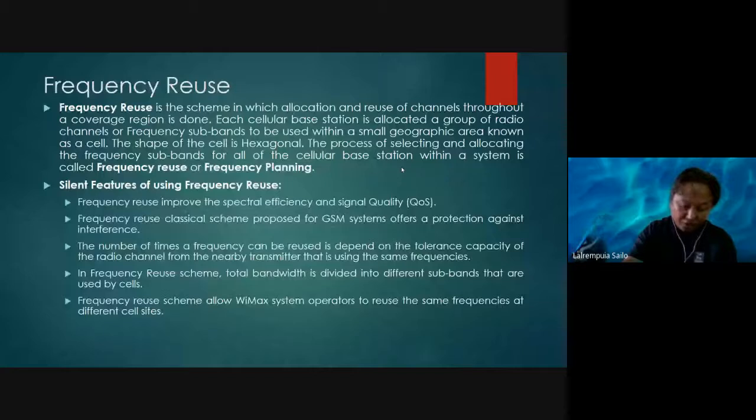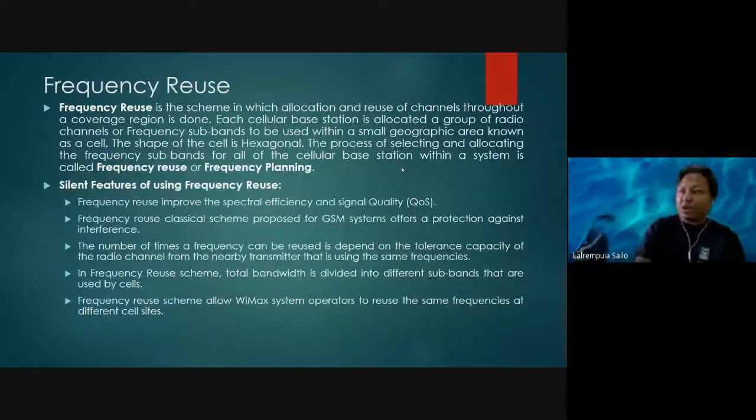So we have to reuse the frequency from one cell to another cell. But the frequency should not collide, so the same frequency should not be in an adjacent cell.